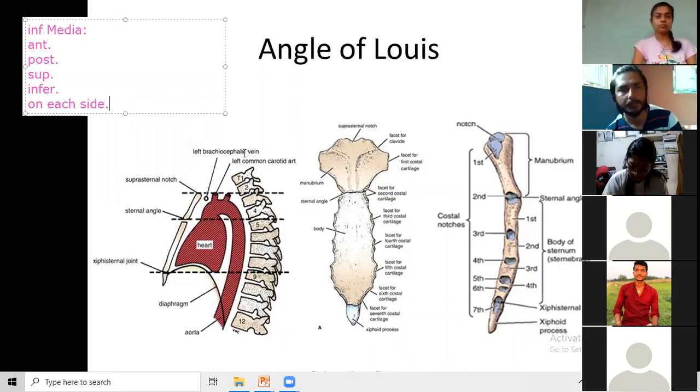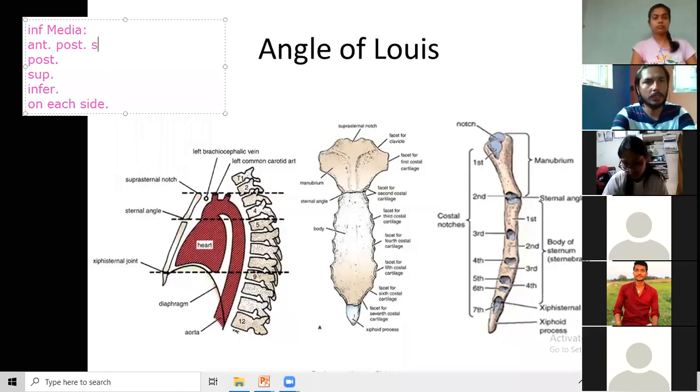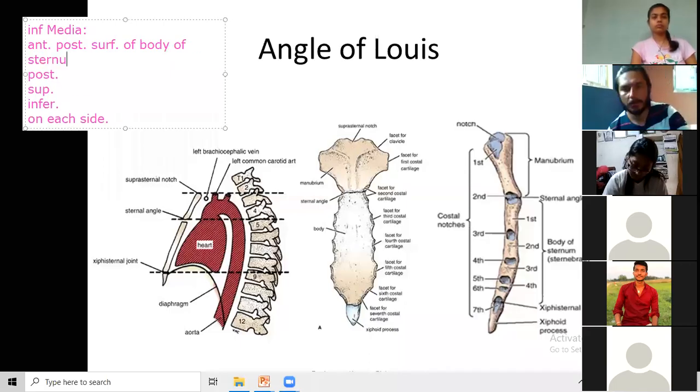Easy. So anteriorly, the posterior surface of the body of sternum counts as the anterior boundary.